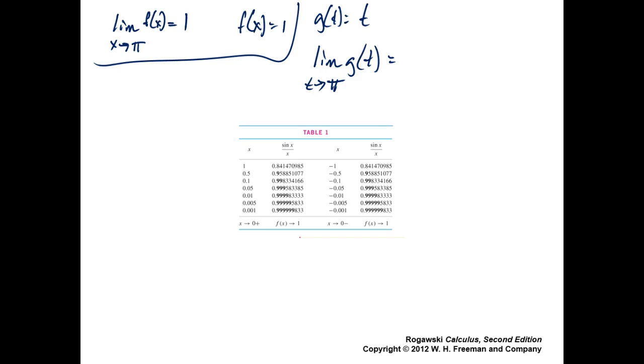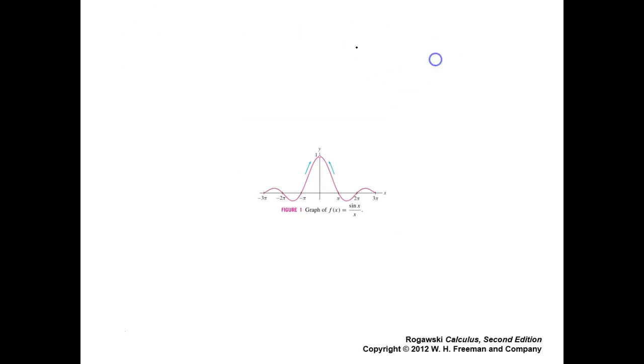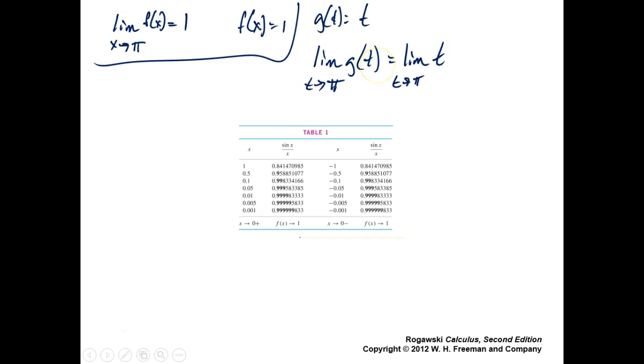Okay. Here's the other way to write this. That's the limit as t approaches pi of t, because g of t is equal to t, so that's what we're asking for. And what's that limit?